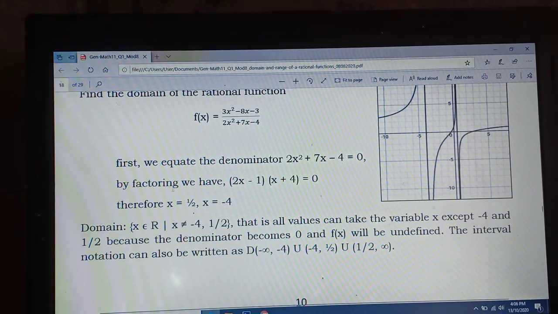So we can have x is equal to 1/2 and x is equal to negative 4. So the domain is x is an element of R such that x is not equal to negative 4 and x is not equal to 1/2.